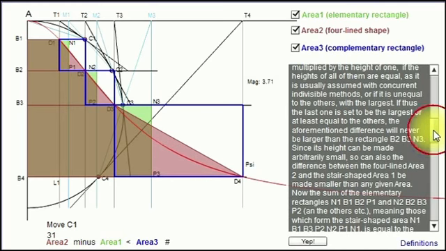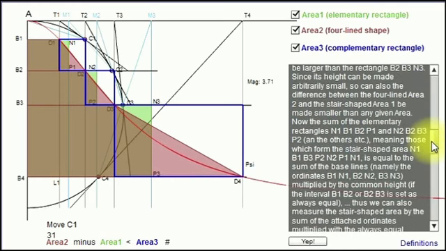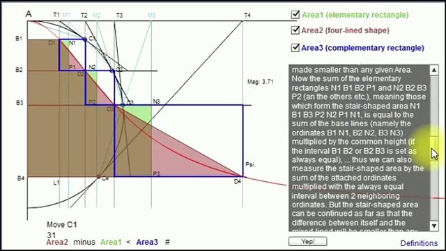Now the sum of the elementary rectangles n1, b1, b2, p1, and n2, b2, b3, p2, and the others, etc., meaning those which form the stair-shaped area n1, b1, b3, p2, n2, p1, n1, is equal to the sum of the baselines, namely the ordinates b1, n1, b2, n2, b3, n3, multiplied by the common height, if the interval b1, b2, or b2, b3 is set as always equal.